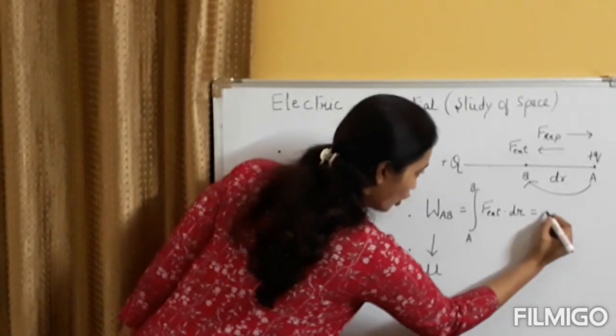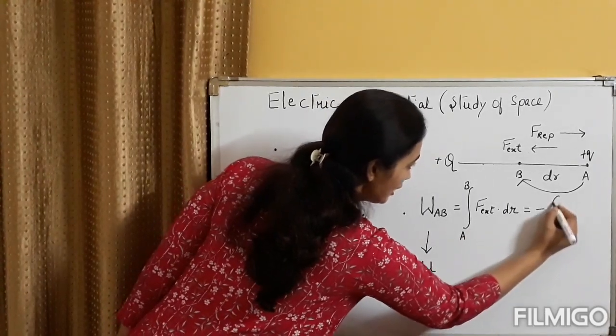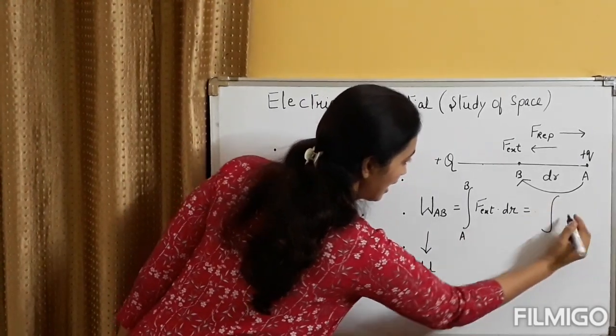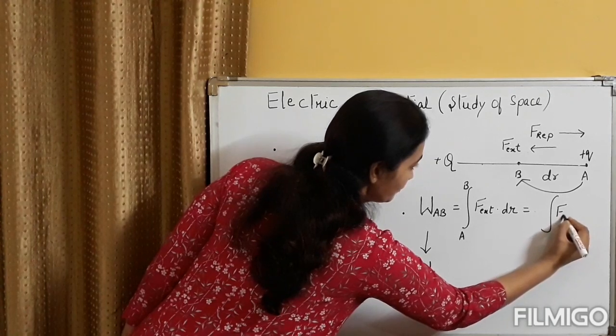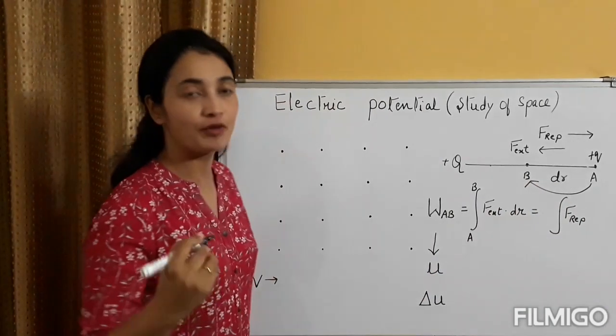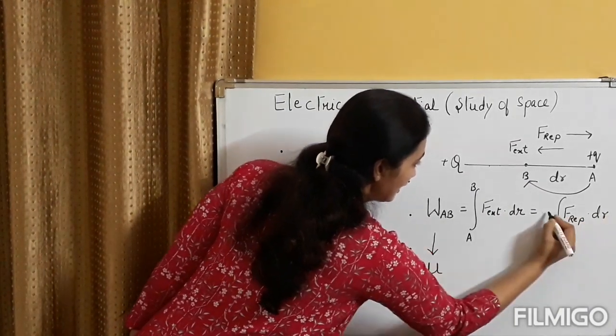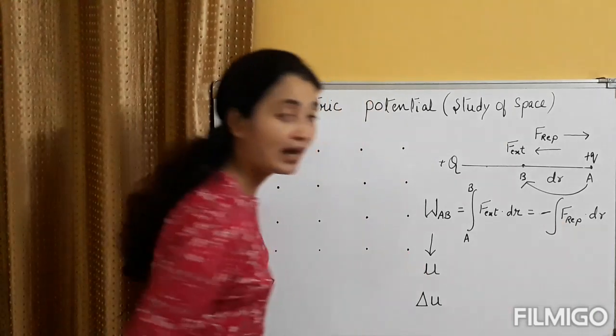Suppose instead of F external, I use F repulsion. If I put F repulsion dot dr in place of F external, then there will be a negative sign. Why?